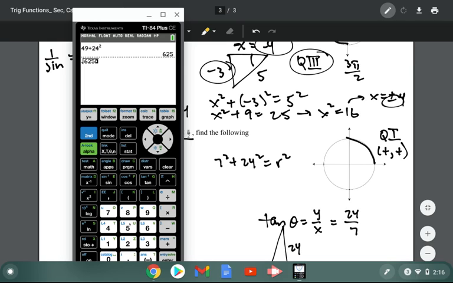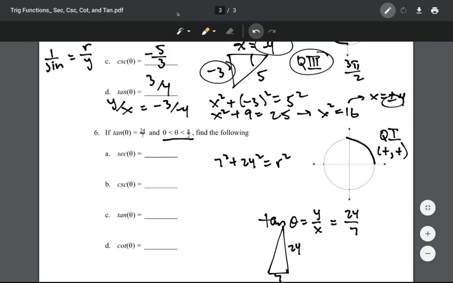So let me just type that in just to be sure, and yes it is. So r is equal to 25. Okay, so I have my x. X is 7. Y is 24. R is 25. So 25 goes here, by the right angle.